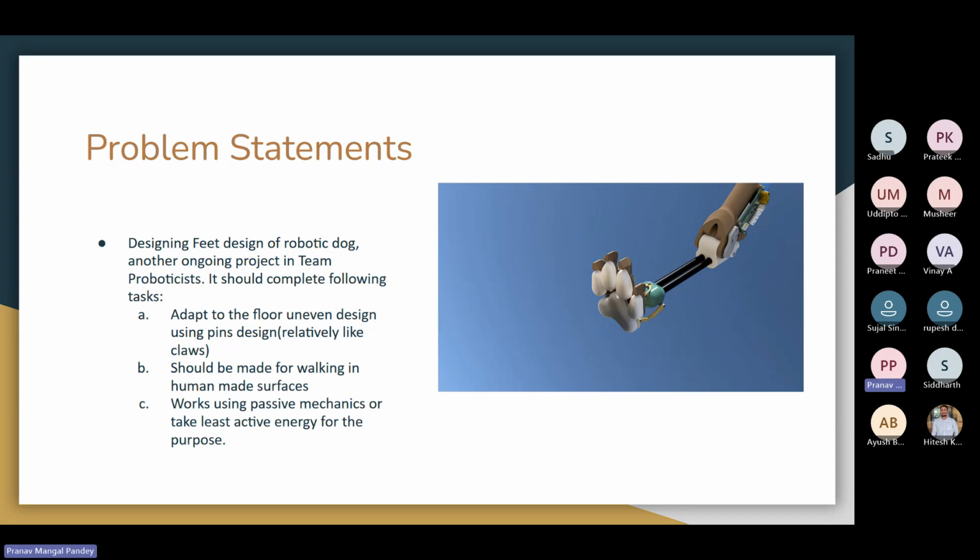One of the problem statements under that robotic dog is that the robotic dog should work indoors on human-made surfaces. And one big thing which we found out is that the normal robotic dog normally skids on the tiles and all different surfaces. So we are working upon that problem statement.